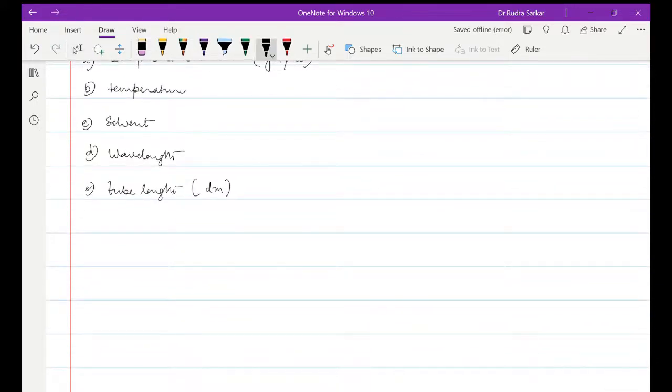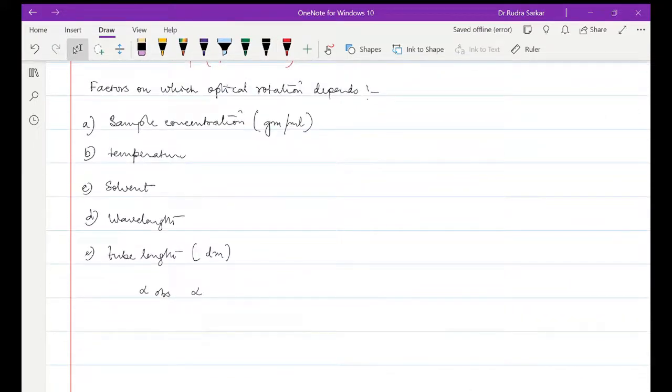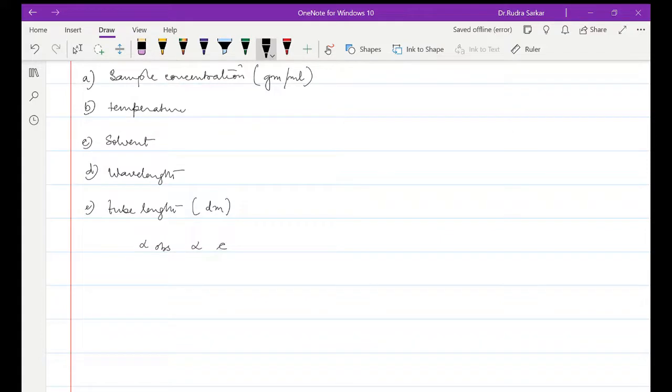So the specific rotation over here, let's write the observed rotation, is actually proportional to the concentration and the length of the tube, because we are conducting at a fixed temperature, the solvent we are not changing, and the wavelength we are not changing.